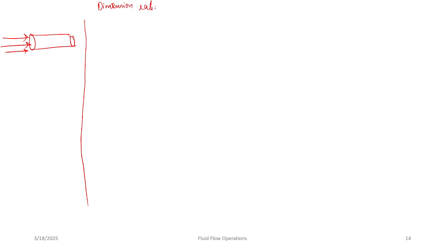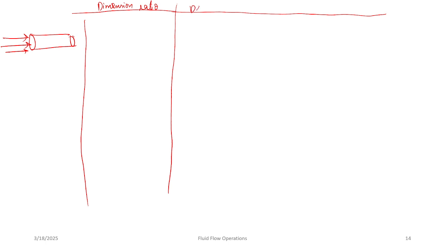Dimensions also play an important role here. So if L by D ratio is equal to 1, that means the length and diameter of this cylinder are equal. In that case, CD will be around 0.91.